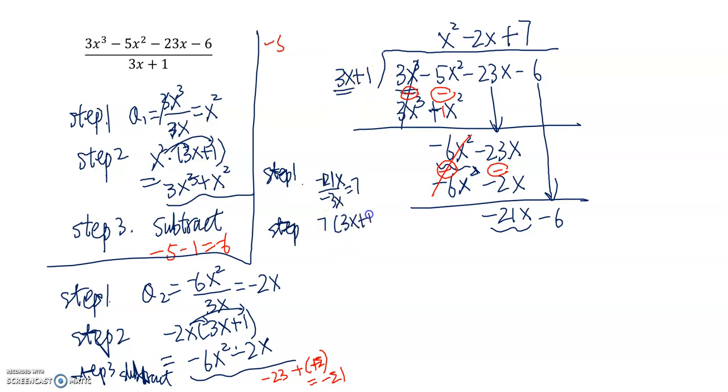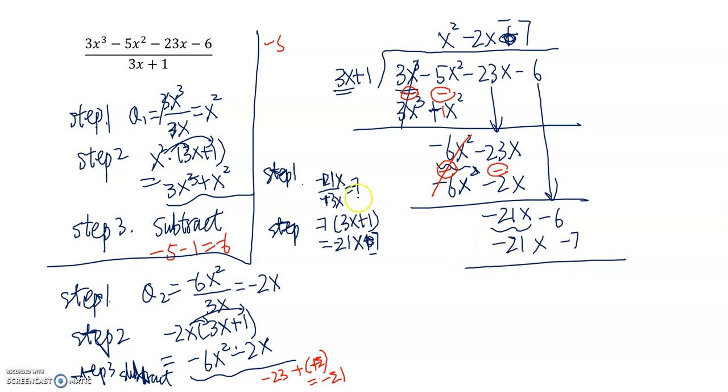So we're going to get -21x minus 7. I'm sorry, at first I said it's divided by -3x, but actually it's divided by +3x, so that should give us a -7 instead of +7.